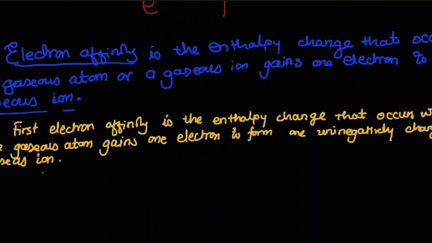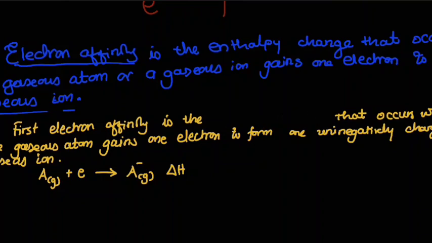If I write it in equation form, basically A gas, any atom, we're adding an electron, we're going to form A minus gaseous. Actually, this is not the enthalpy change, but the heat given out. So delta H here will be negative, in brackets exothermic.